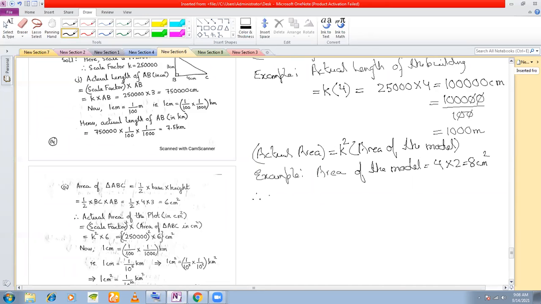So therefore, actual area is equal to K square into the area of the model. The area of the model is 8. Now you put the value of K also, 25,000 square into 8. This comes to a big number.